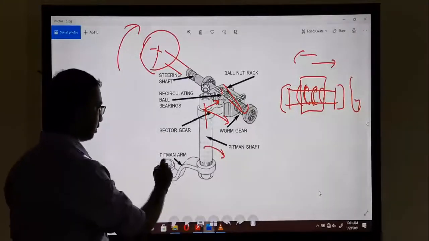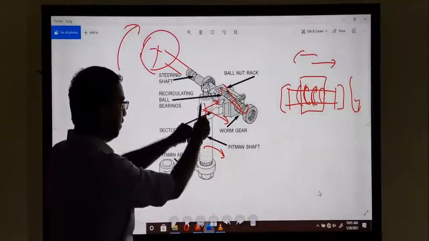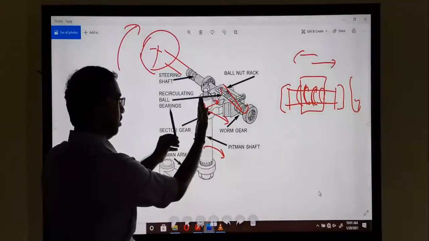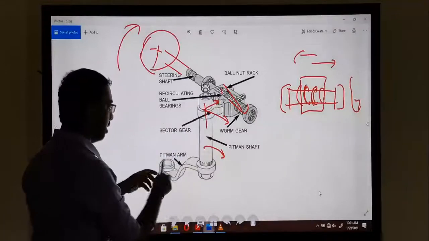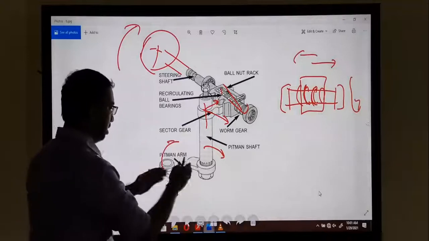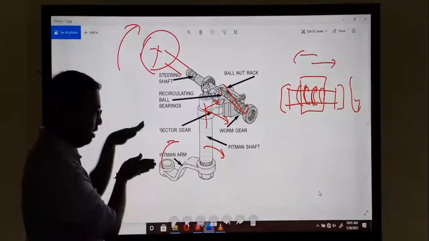According to that, the pitman shaft also rotates a few degrees this way.